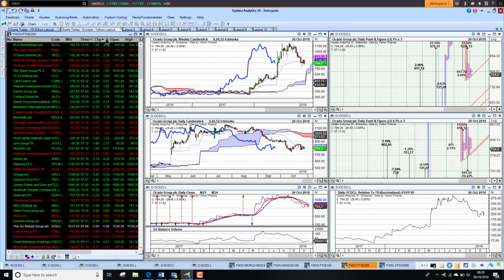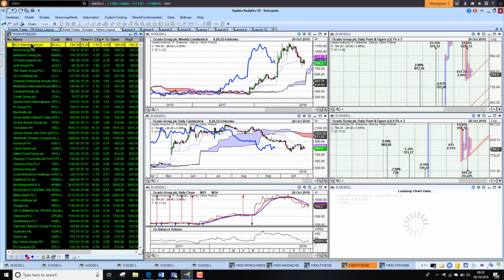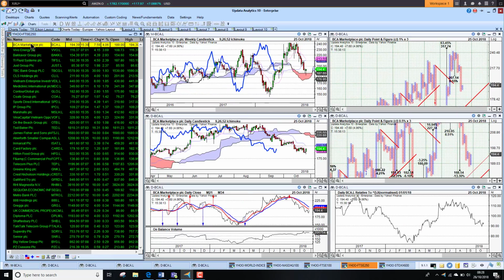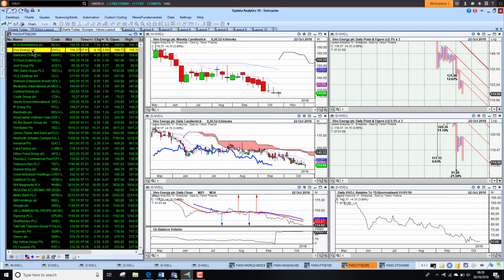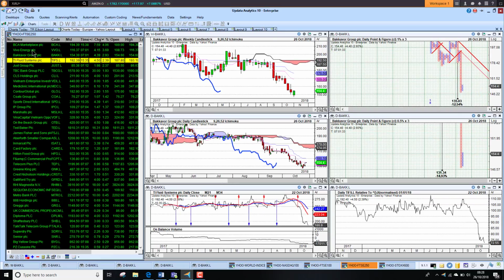The 250 mid caps is actually probably faring a little bit better, and we have got some quite good performances here this morning. BCA up 4%, for example, but the chart's not looking great. It's very hard to find stocks that are trending up and moving to new highs.